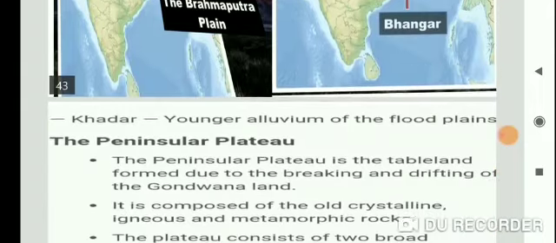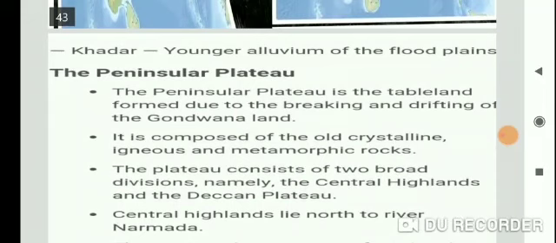Now next, Khadar. Khadar is the very last region and last soil name. The lowest region is the flood plain and is known as the Khadar. The soil here is renewed. Renewed means new, younger.